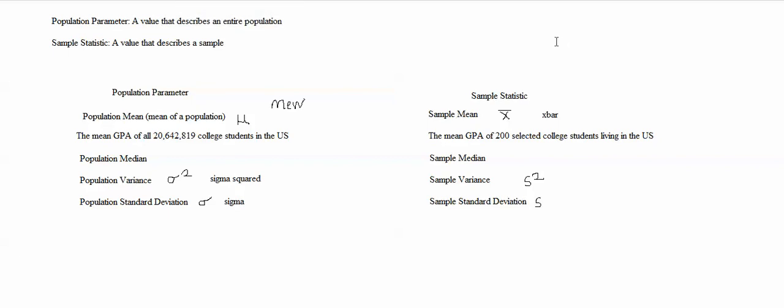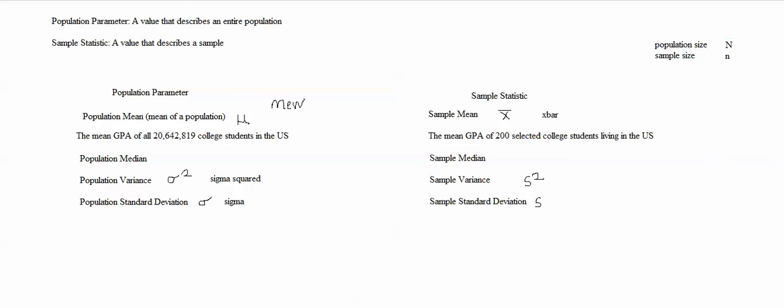I wanted to also go over the symbols for sample size and population size. Those don't really fall into these categories, so I'll put them over here. Population size is a capital letter N, and sample size is a lowercase n.